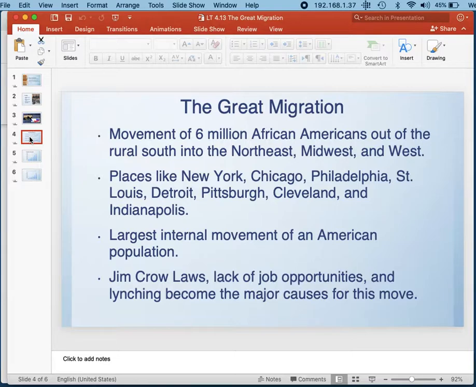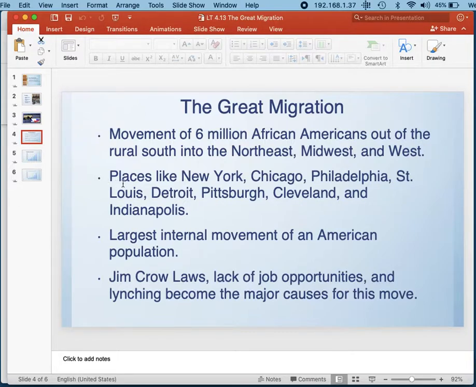So in the Great Migration, we're going to see within this humongous movement within African American communities, over 6 million African Americans leave the rural South, the countryside of the South, working in plantations and huge farms, and they decided to go to places like the Northeast, the Midwest, and the West.